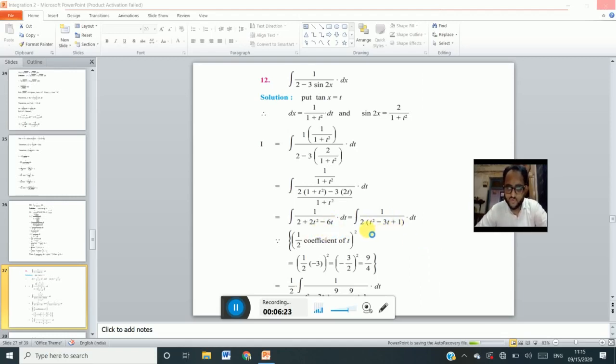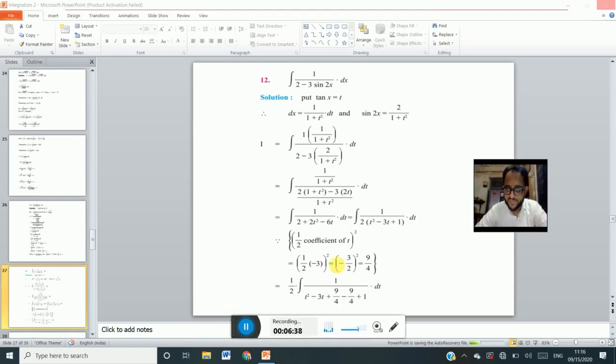So this 1 by 2 is a constant, take it outside the integral, and if we see, this integration is in the form of 1 upon x square plus bx plus c. So use the steps involved in that type: make the coefficient of x square as 1, which is already 1 after taking 2 common.